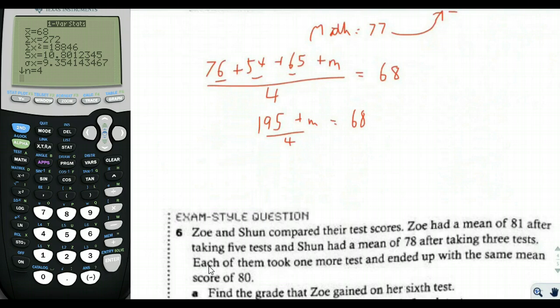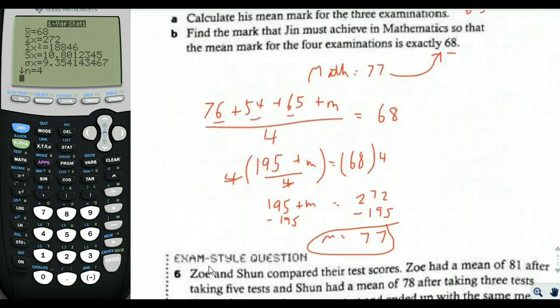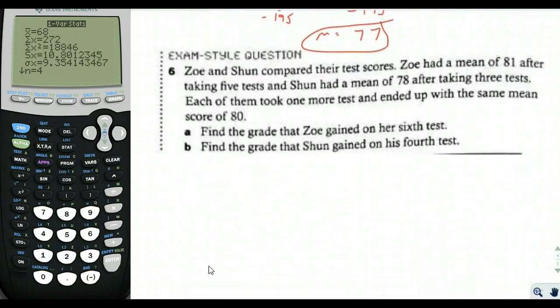And then I'll just multiply both sides by 4 to isolate the m. 4 times 68 would be about 272. 195 plus m, subtract 195 from both sides, and that gives me m equals 77, which is the same result we got when we guessed. Okay, so that's how you find it with algebra.